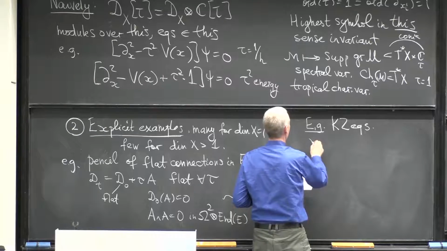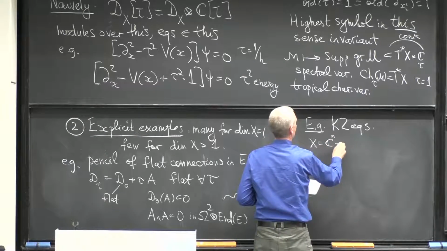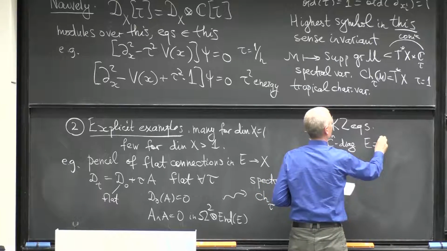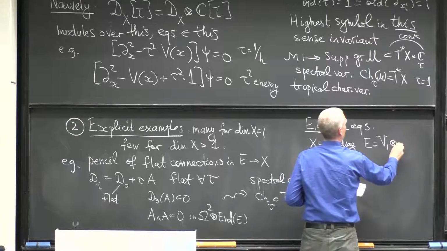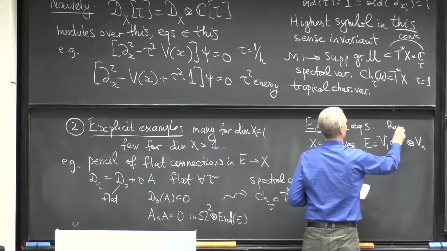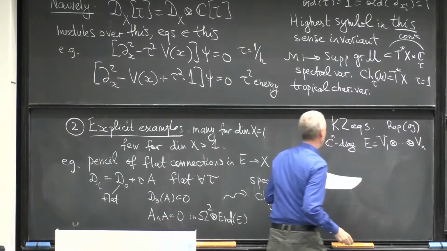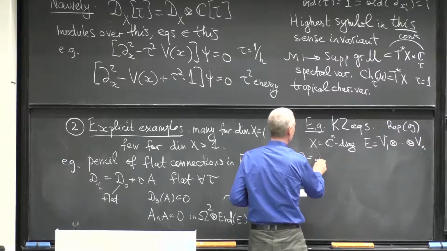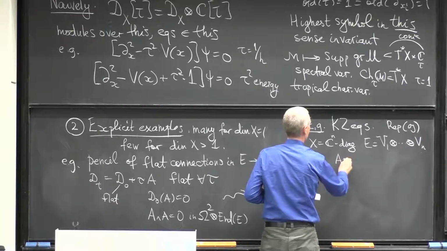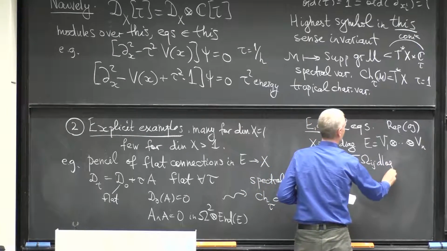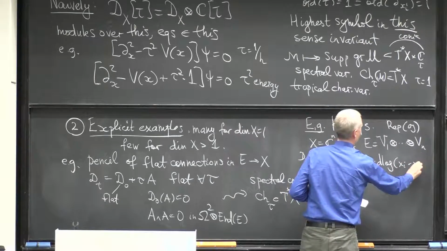We say X equals C^n minus diagonal. So the vector bundle is trivial with the tensor product of several representations of a group, a reductive group G. The first connection is d, and A is some sum of omega ij times d logarithm of xi minus xj.